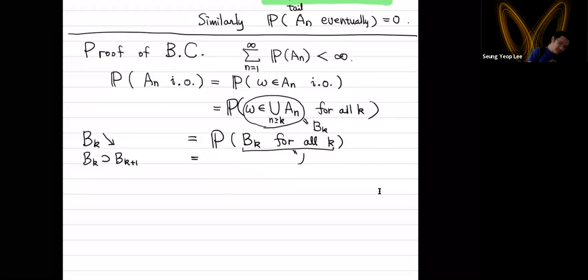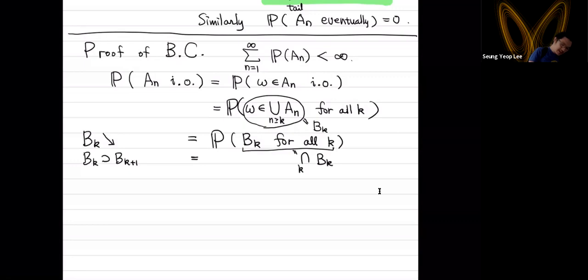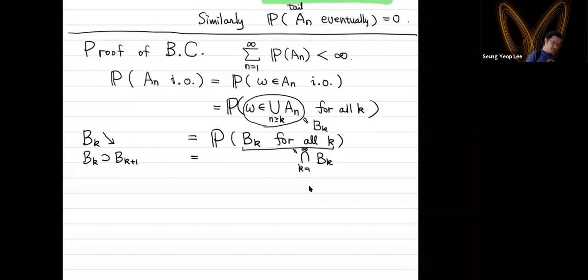So this can be written as the limit of B_k as k goes to infinity, because it belongs to all the B_k's, and B_k is a monotonic sequence. Now there was the continuity of the probability measure.